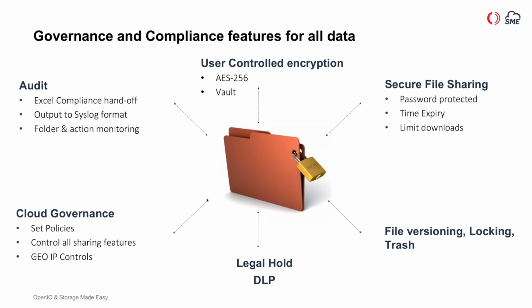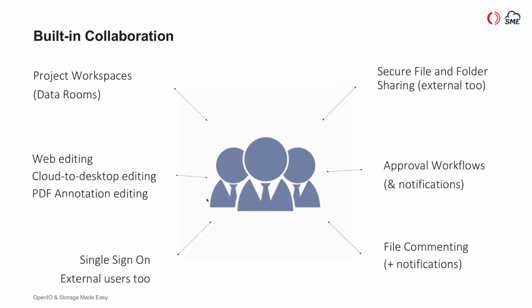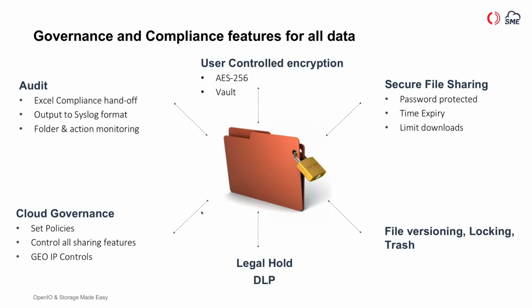Some of the capabilities of Storage Made Easy File Fabric around governance are client-managed encryption, corporate file sharing policies, such as requiring an expiry and download limit, even requiring a reason to be logged, file locking and versioning, archiving folders and trash, great at preventing accidental data loss, and DLP, data loss prevention capabilities, a number of security policies, in particular focused around the cloud.